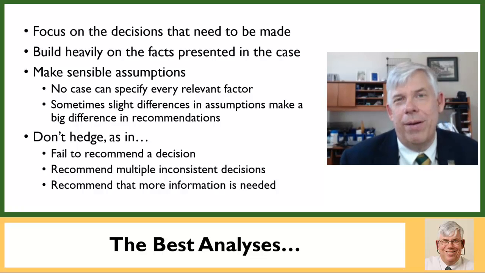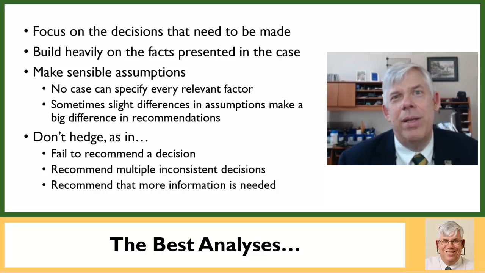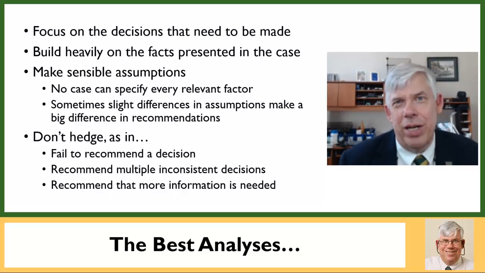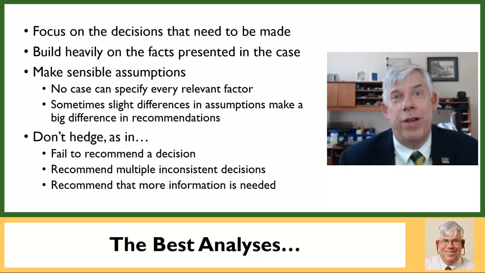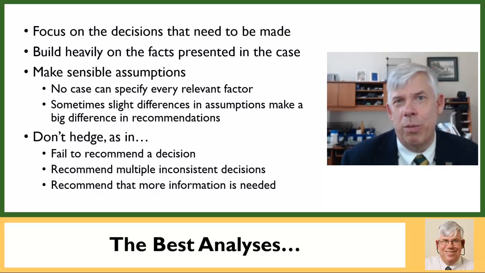But on the other hand, you really need to make a choice. And then the other form of hedging is to say, well, more research is needed. Well, in the world of business, you'll never have as much information as you would like to make the perfect decision. So the same is true in analyzing cases. You have to deal with imperfect information.